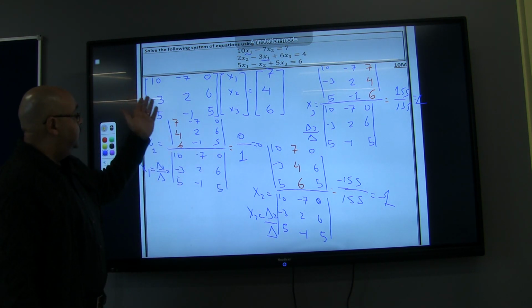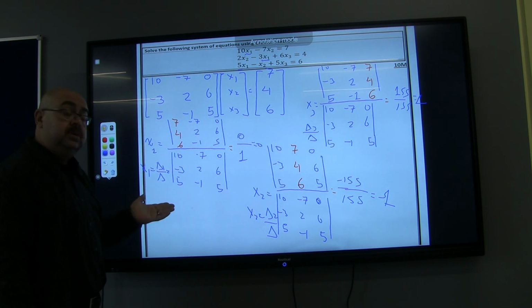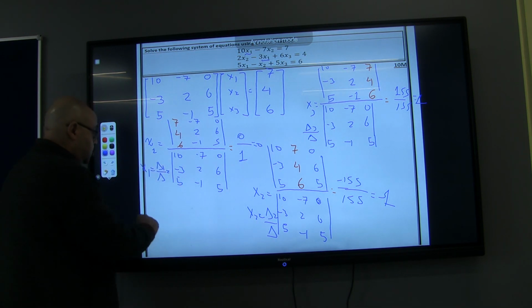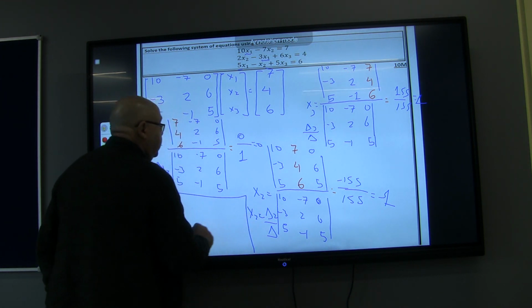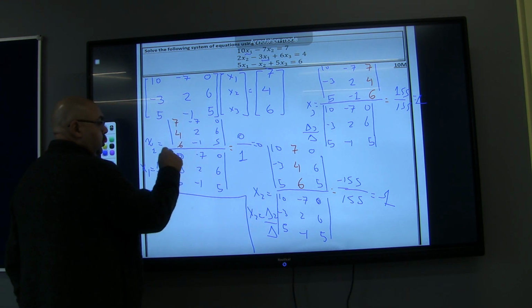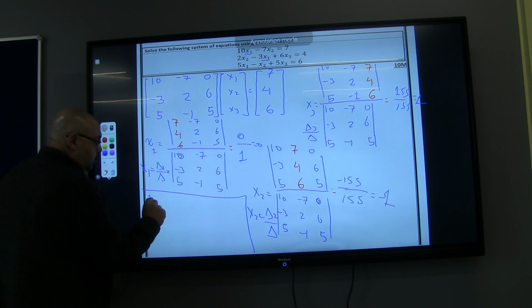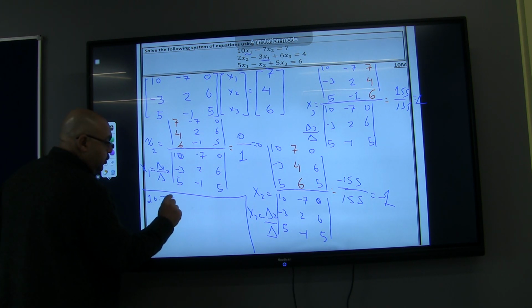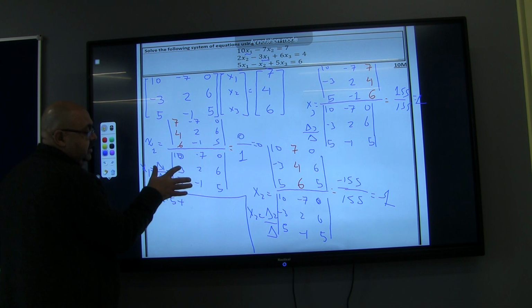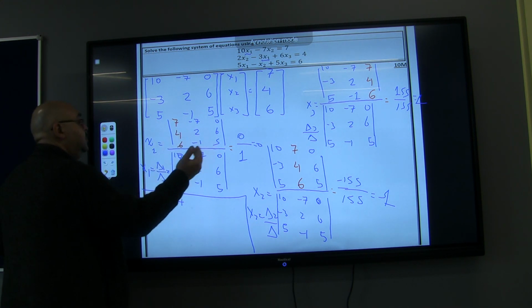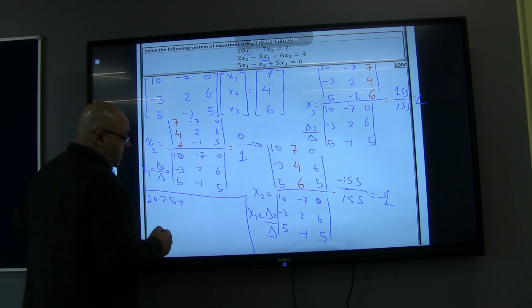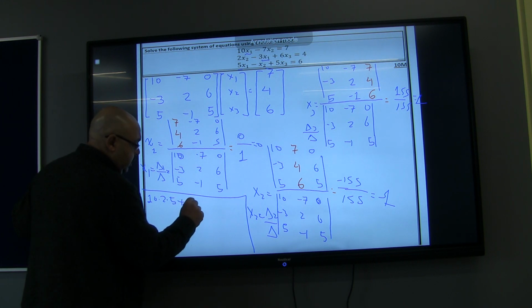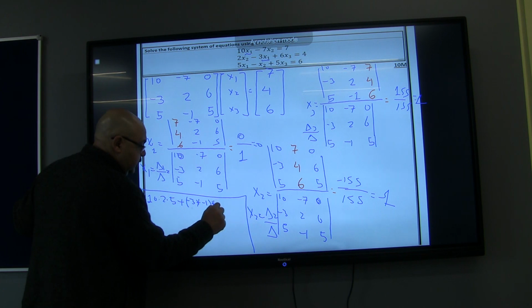Of course, to evaluate the value of the determinant, you can use Sarrus's rule, which I explained previously. I will go through the principal diagonal, which is 10 times 2 times 5, plus the base of the lower triangle times the vertex of the upper triangle, so negative 3 times negative 1 times 0.